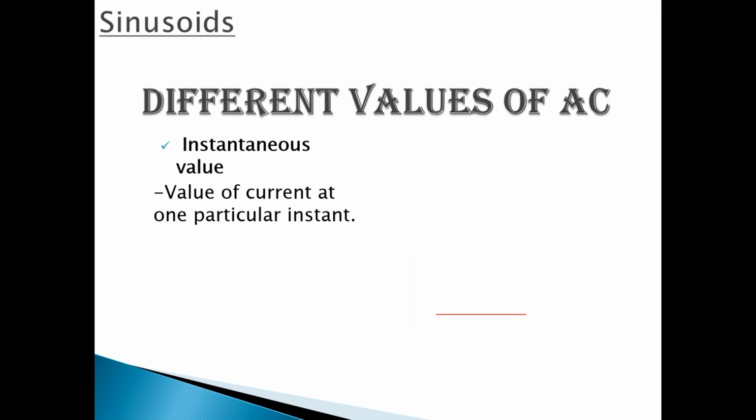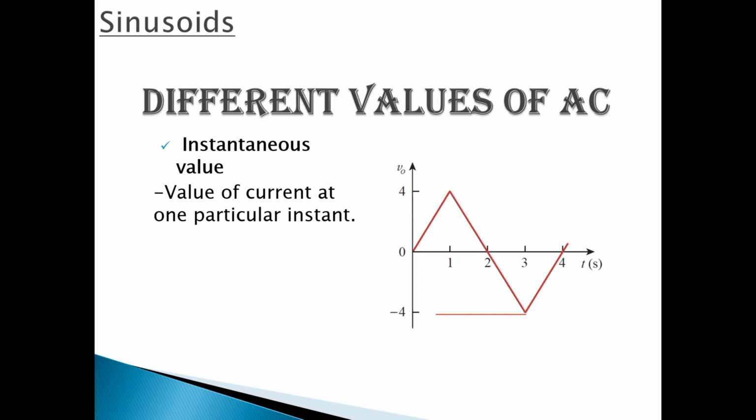Now the instantaneous value is the value of current or voltage at one particular instant. If you want to measure some points in the waveform, for example the value of the current or the voltage at this point, the value that we get is the instantaneous value.